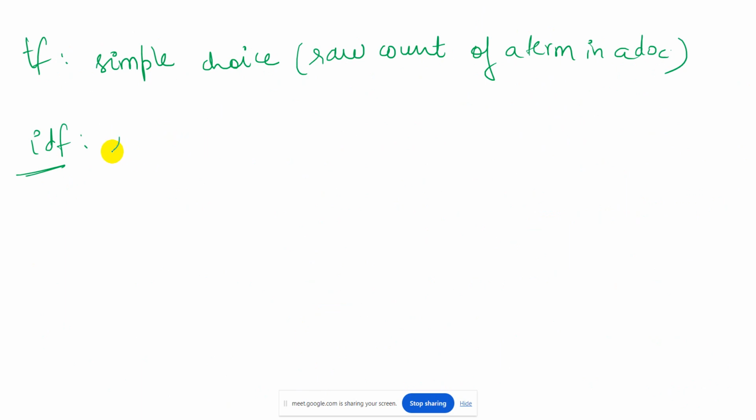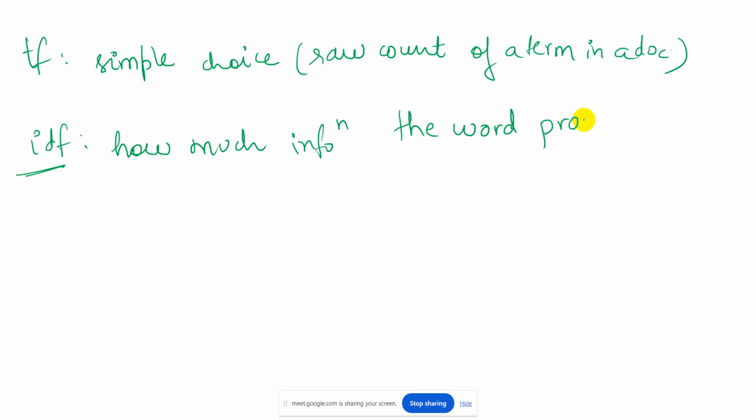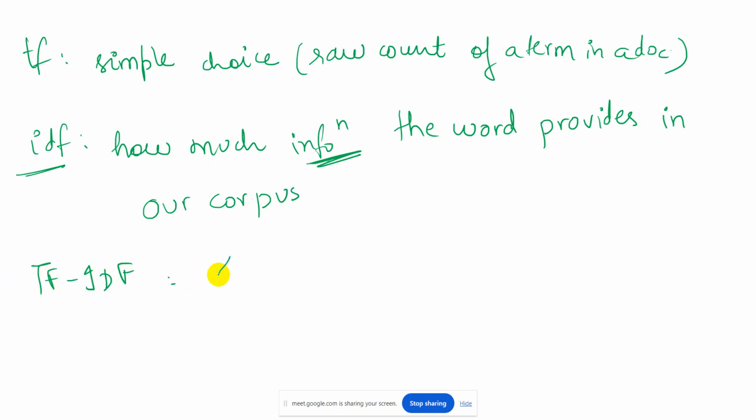So IDF measures how much information the word provides in our entire corpus. That is why its value remains the same for a particular term over the entire corpus, because of how much information this word is providing. And TF-IDF, since it is the multiplication of these two, is just a statistical measurement.